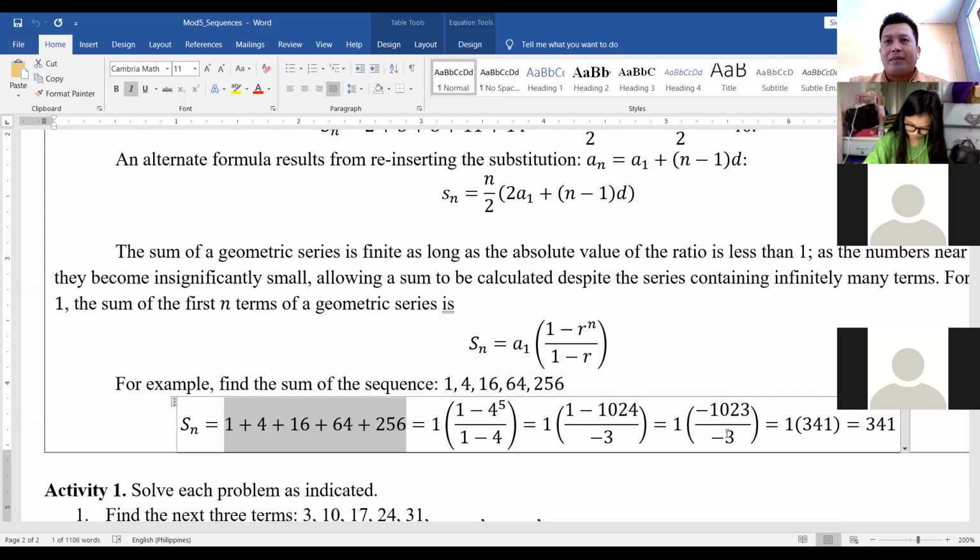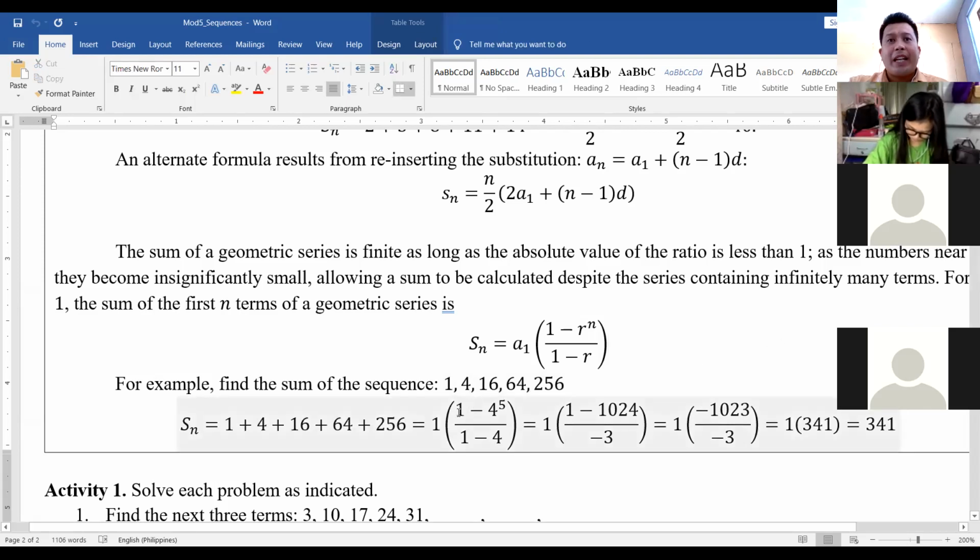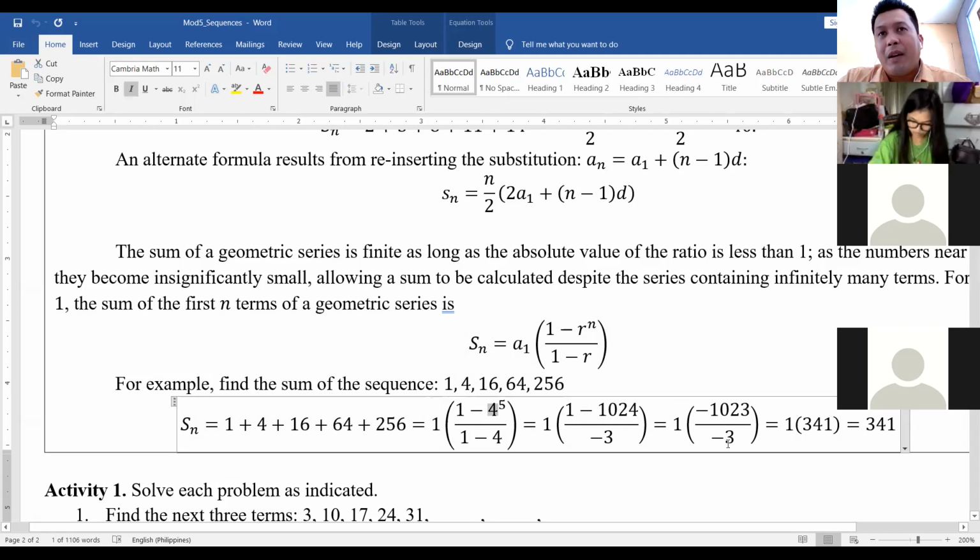The first term is 1 times 1 minus 4 to the power of 5 over 1 minus 4. 1 minus 4 to the power of 5 is negative 1,023. Divided by 1 minus 4, which is negative 3. So the answer is positive 341 times 1, which is 341, which is also the same result when you add the numbers directly. Something like this.